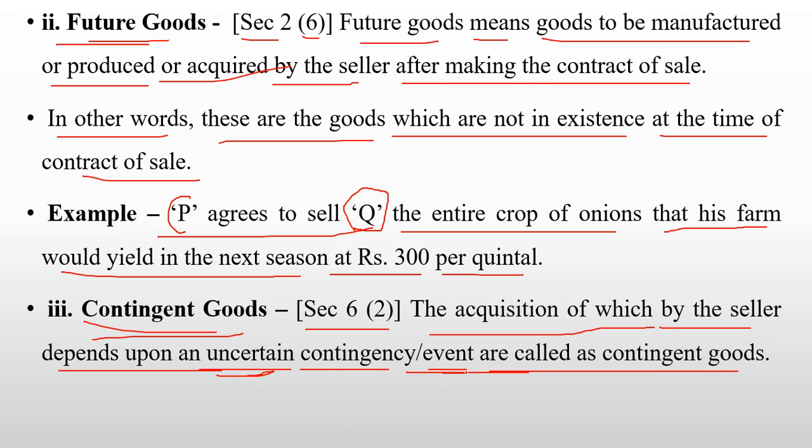Okay, if a cyclone is there, the fisherman will not give the goods to the buyer, and if a cyclone is not there, the fisherman will give goods to the buyer. Okay, so this is contingent goods.